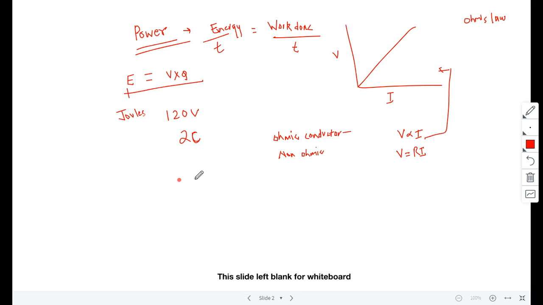Now, energy transferred in a given circuit is given as 1000 joules.